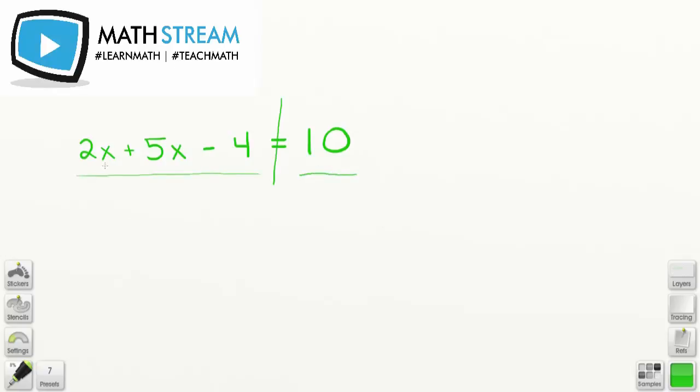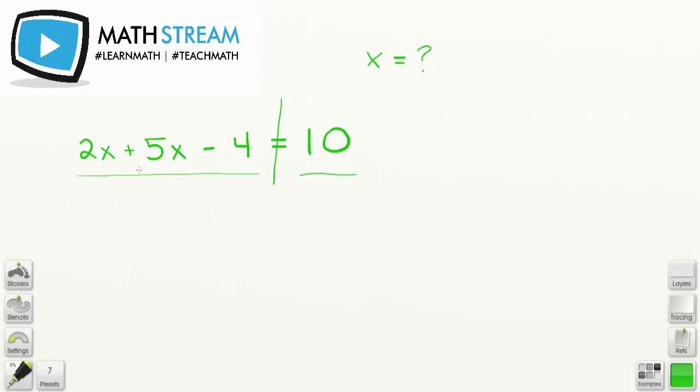So this is kind of like saying we have 2 suitcases plus 5 suitcases minus 4 pounds equals 10 pounds. You can think about it in whatever way you want, but using some of the examples that we just talked about in the last topic, that's how we can visualize this. The question, of course, is, what does x equal? We want to solve for x. What's its value?